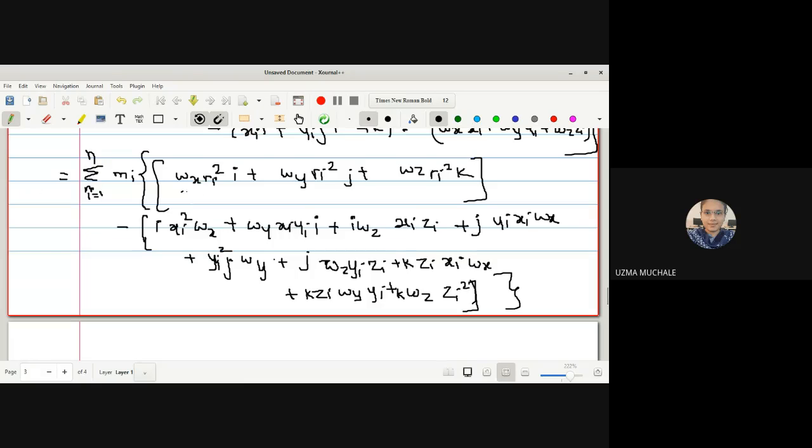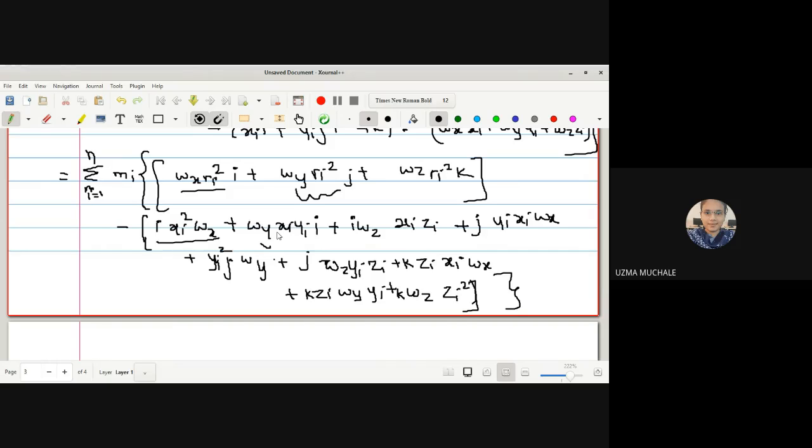Here you can see this is wx, here is also wx. The coefficients of wx, after that coefficients of wy, then coefficients of wz.